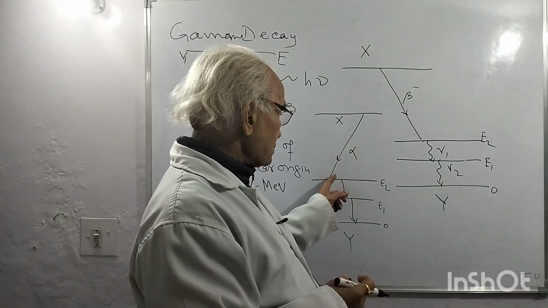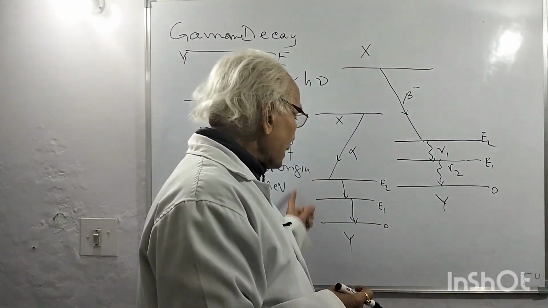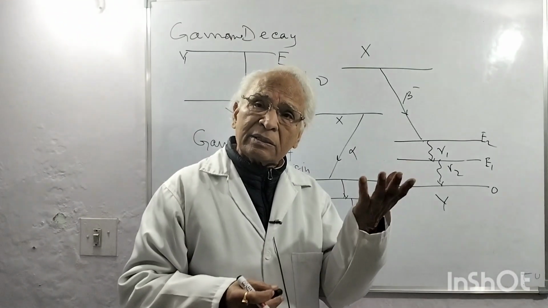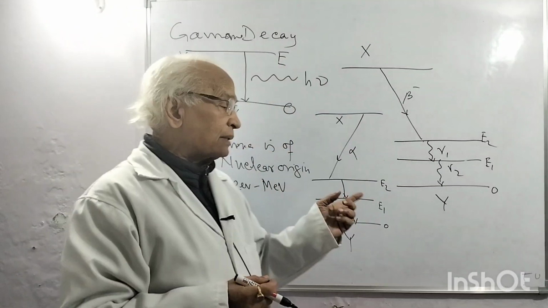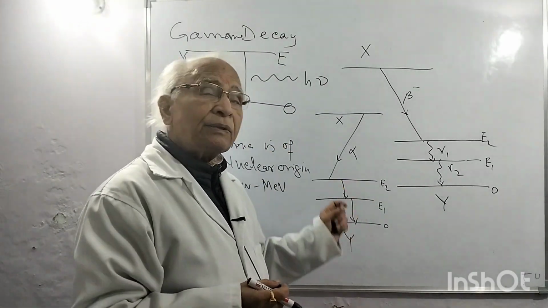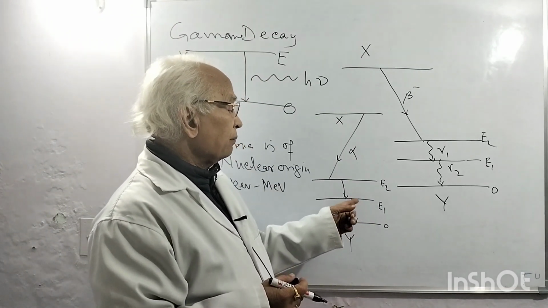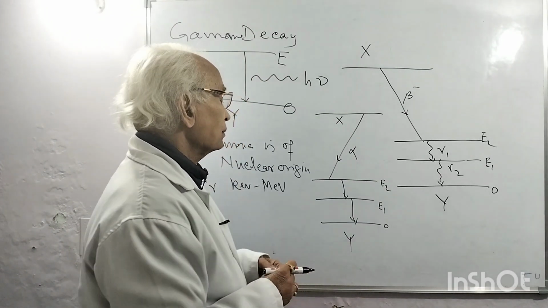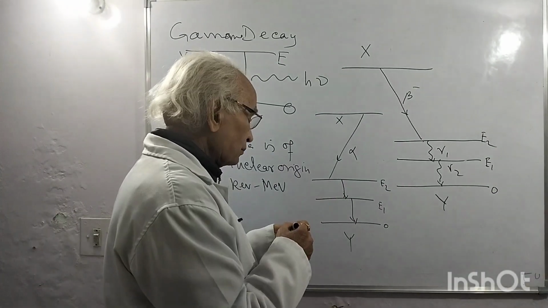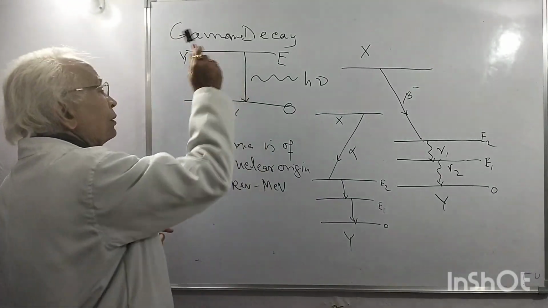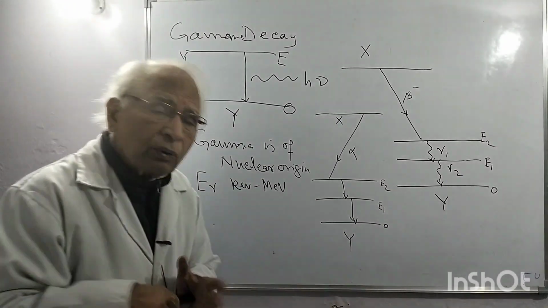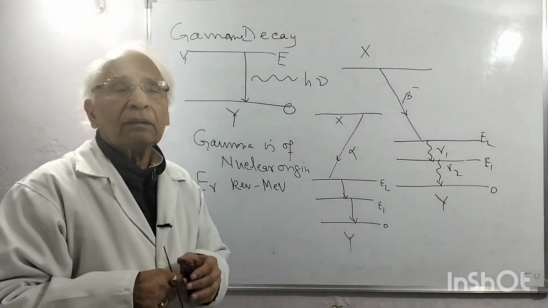So these radiations, alpha and beta, leave systems in excited states, and excited states come to the ground state by emission of radiations. Those are the radiations we call gamma. So gamma decay is a process of nuclear de-excitation.